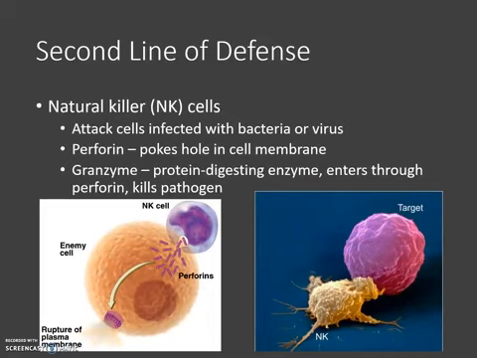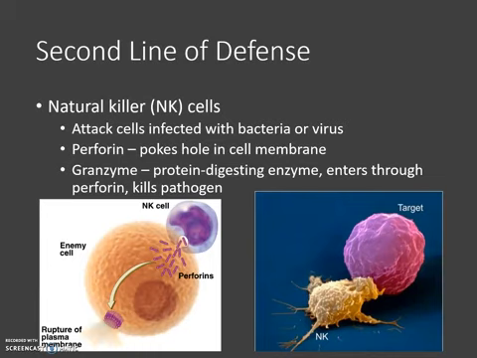Natural killer cells, which we also just call NK cells, can attack cells that have already been infected. So they'll kill body cells that are already damaged in order to prevent the pathogen in the infected cell from spreading further. And natural killer cells do this by releasing perforin and granzymes. Perforins are proteins that are able to poke a hole in the cell membrane of the infected cell.